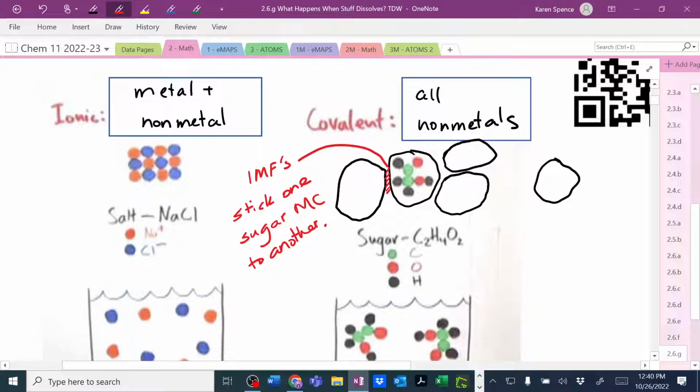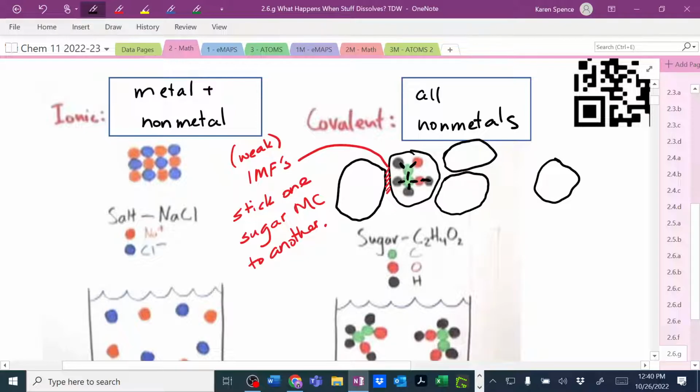And remind me, are IMFs strong or are they weak? They are weak. What is it within the molecule that's sticking the atoms together? What are all these little things within the molecule, sticking all the atoms to one another?